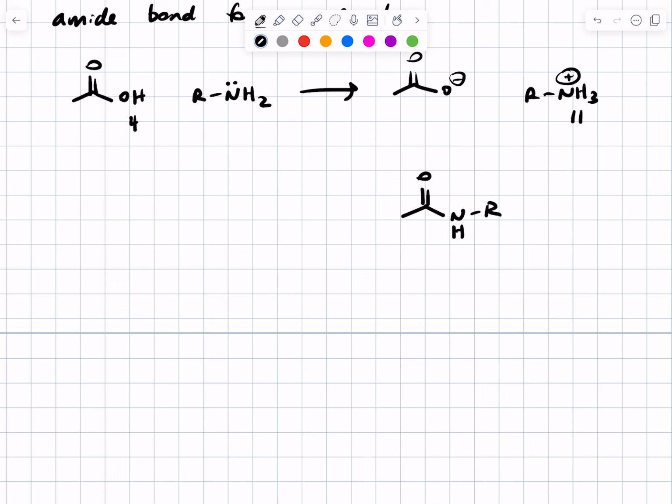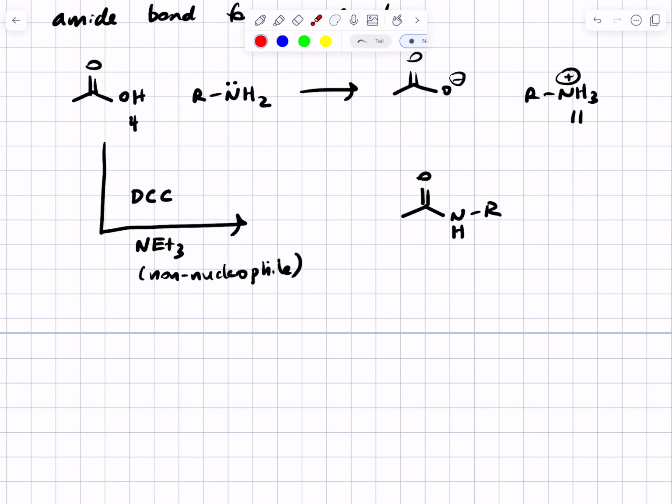And so the way we did that in chapter 16 was we used DCC, and in most cases we use a non-nucleophilic base. And I showed you the mechanism for that previously.